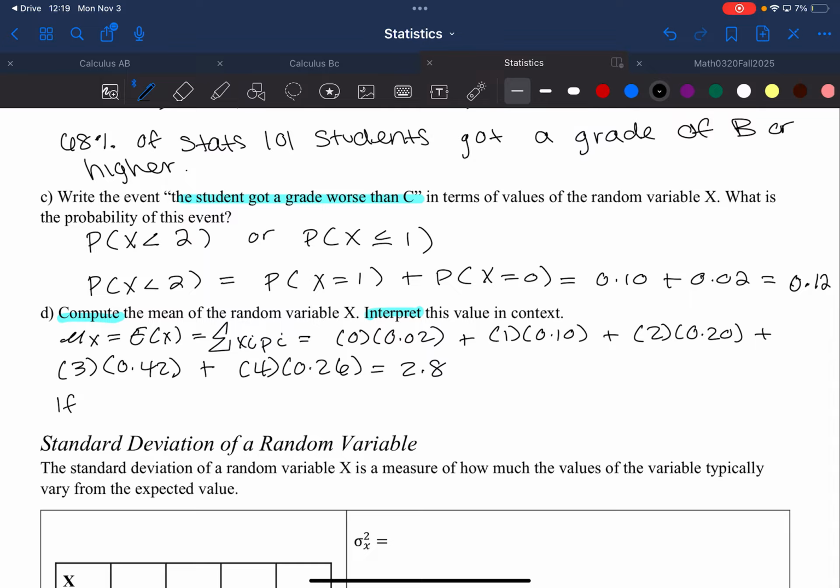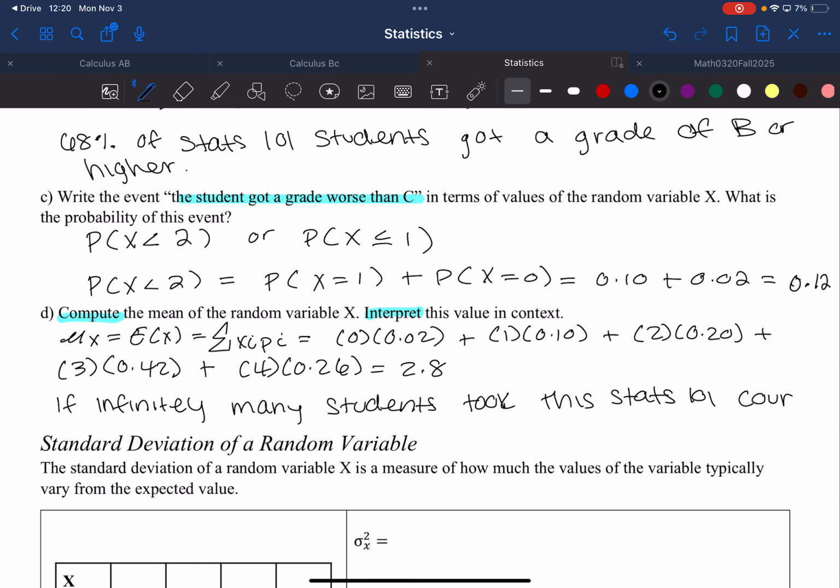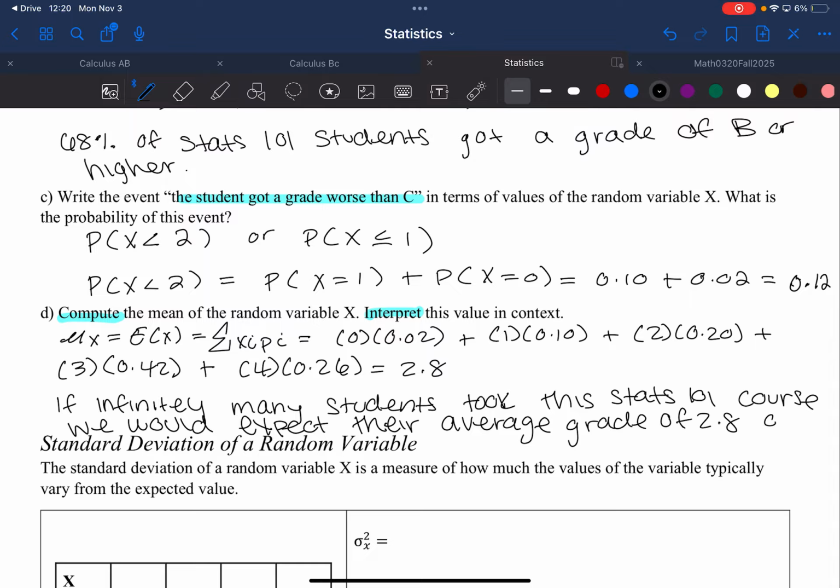So we would say if infinitely many students took this Stats 101 course, we would expect their average grade of 2.8, or what does 2.8 represent in letter grades?